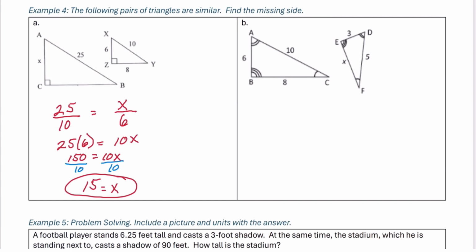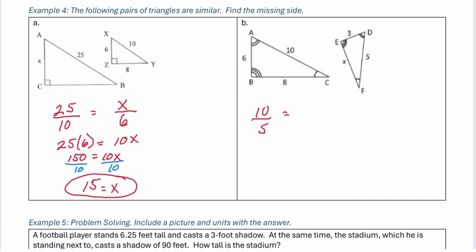In example B, notice that the triangles have been rotated slightly, so just be careful with the orientation. But we are told that they are similar, so we can still use the proportion setup. I'm going to use the longer side, 10, divided by the longer side, 5.